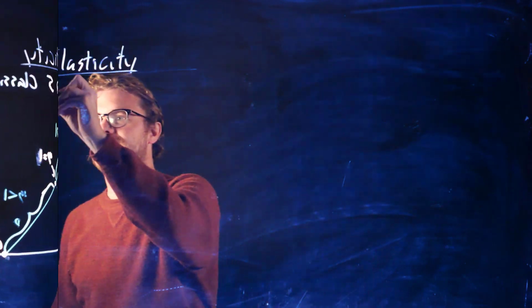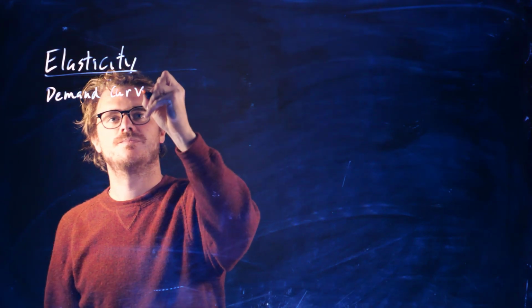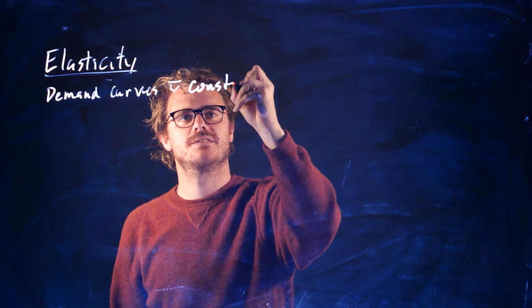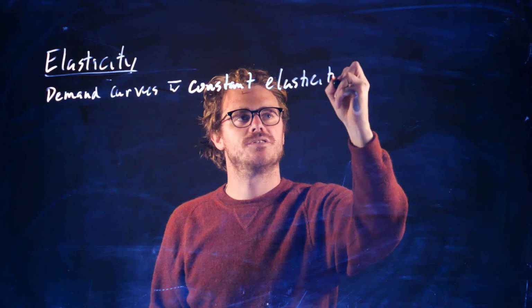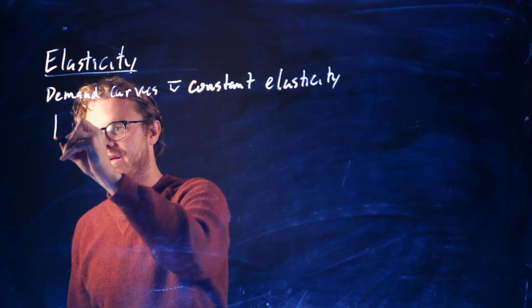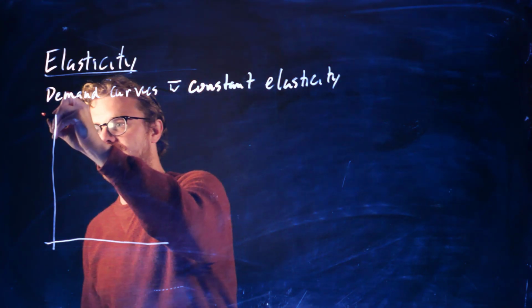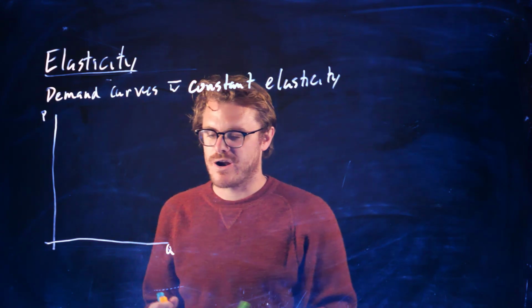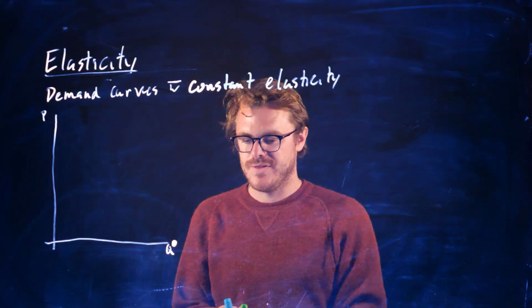All right, so demand curves with constant elasticity. We can draw a couple different curves here that, unlike a linear demand curve, have constant elasticity. So price and quantity on our axes, I guess it should be QD on this curve.